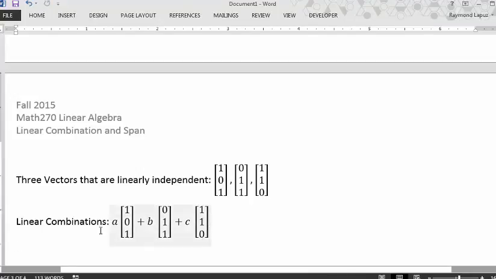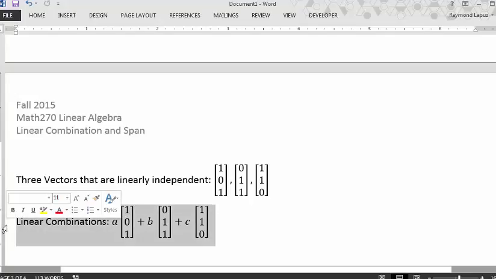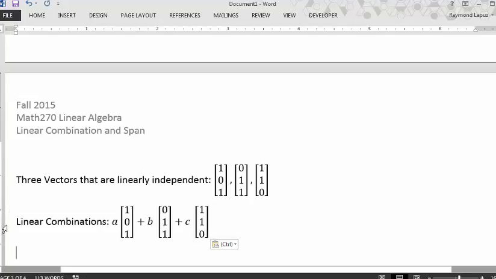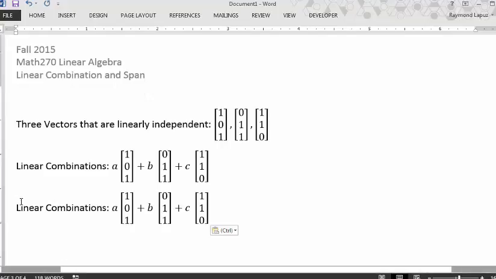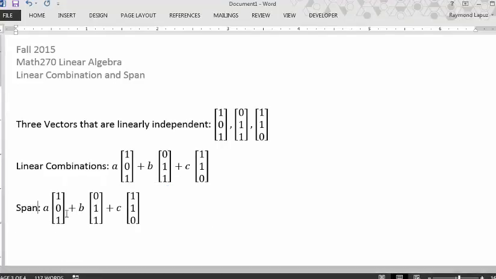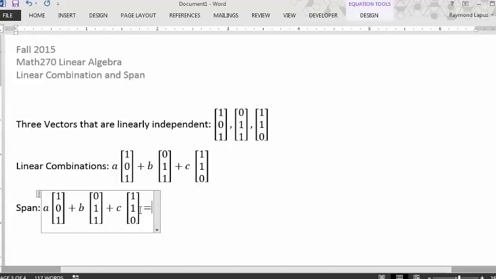Now, if you want the span of this, then we essentially copy that. And then we ask ourselves, what kind of vectors are we going to get out of this if we do the linear combination of these things?